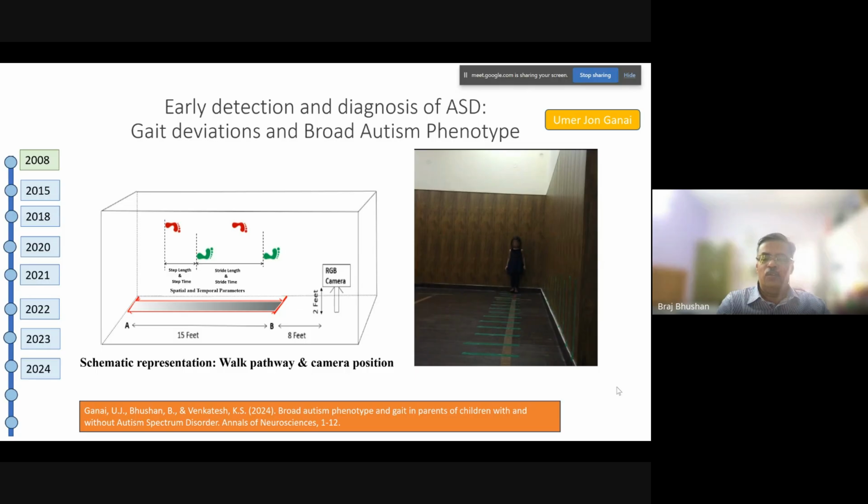Going back again to the previous study where I was referring to early detection of ASD based on gait deviation. This was another study published again last year.